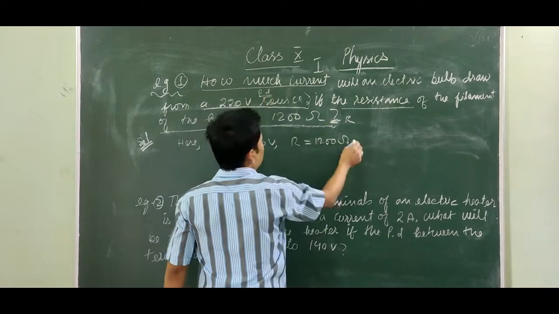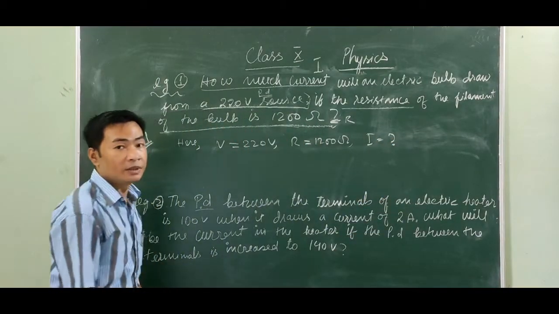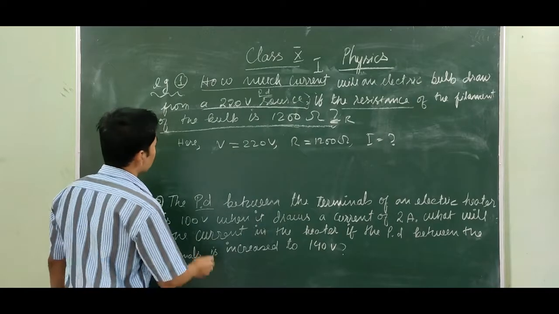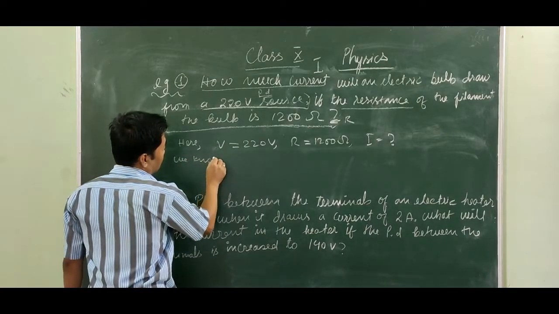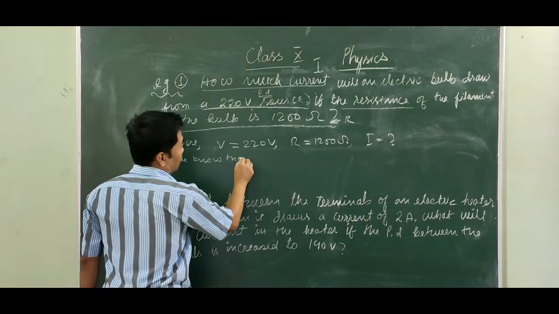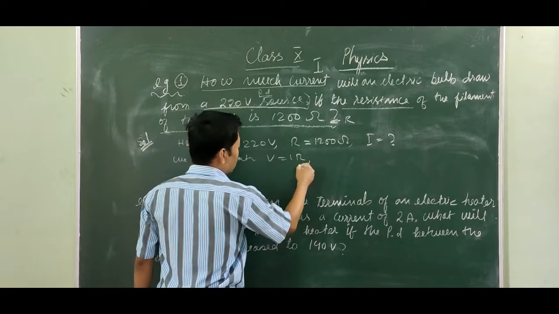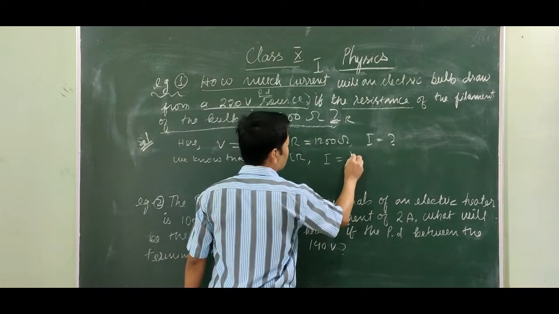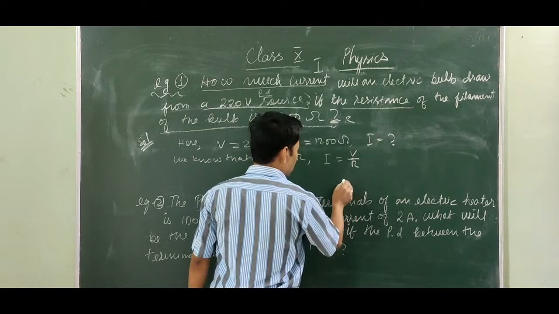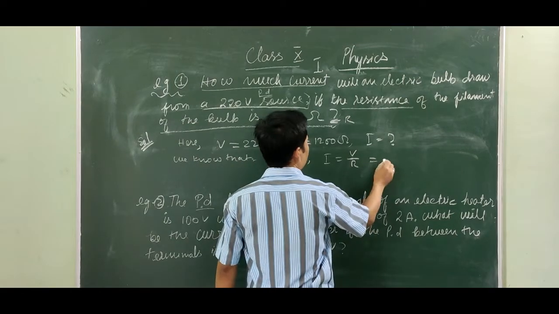How much current? So we have to find I. It's not given. And from Ohm's law, we know that V equals IR, right? So if you find I, then it will be V by R. So let's put the values here. V is how much?